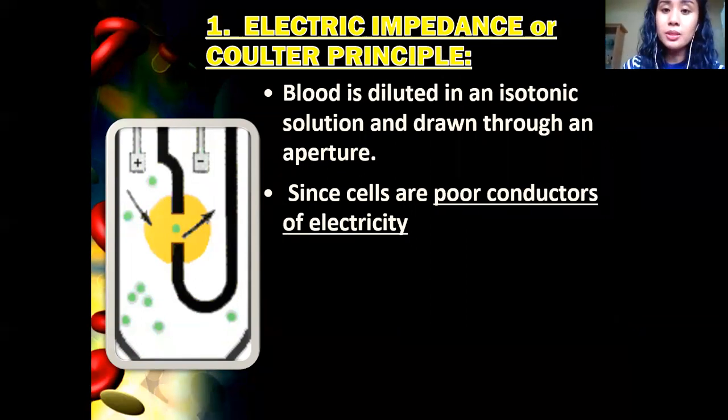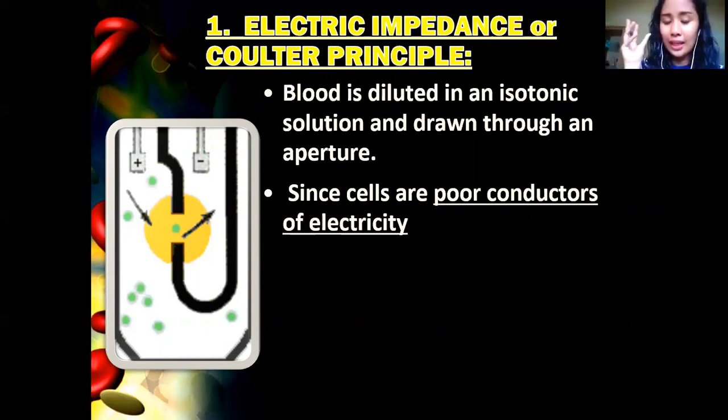First, blood is diluted in an isotonic solution and drawn through an aperture. So the blood should be in an isotonic solution, and there should be electrodes, electrons which are negatively charged, neutrons, and the positively charged ones. I don't remember what the positively charged one is, guys.